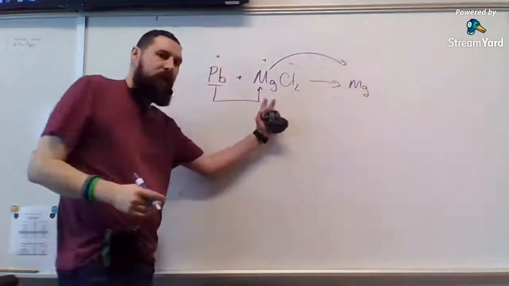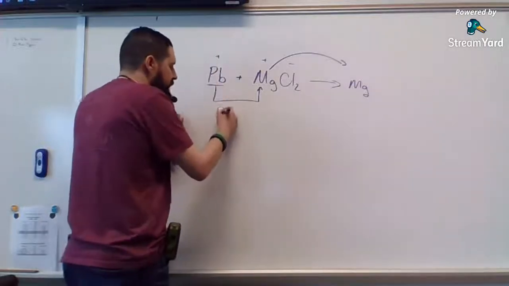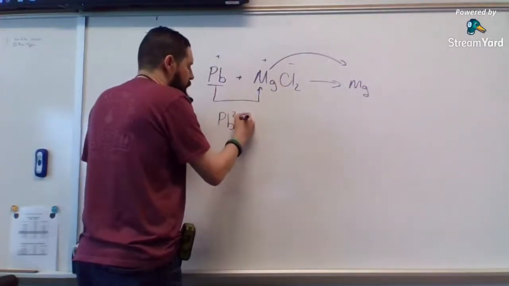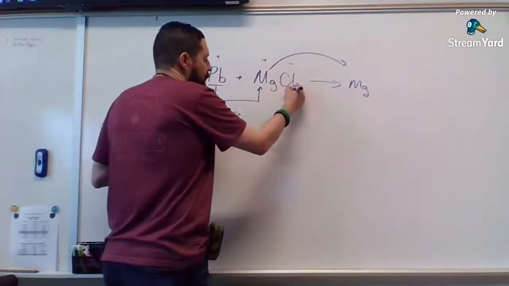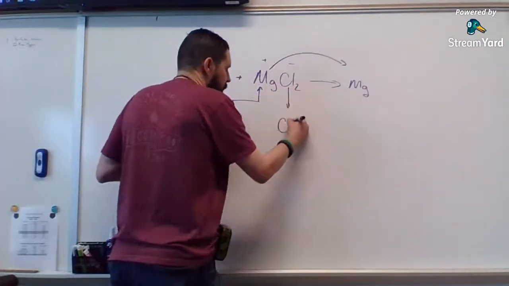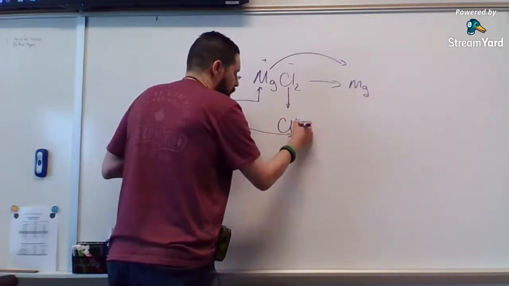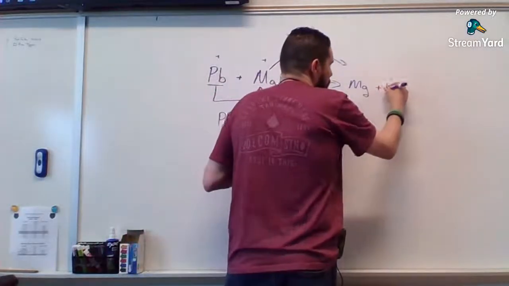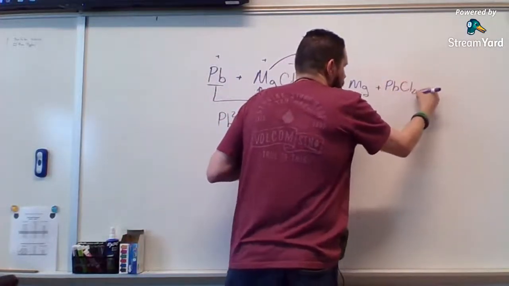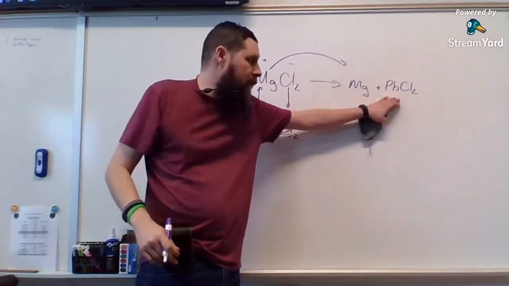So magnesium goes from being in a compound to being by itself. And now I would have lead, which in this example, we're just going to take lead to be a 2 positive. And it's going to combine with chlorine as a 1 negative, crossover charges, Pb1Cl2. So lead 2 chloride is my new compound.